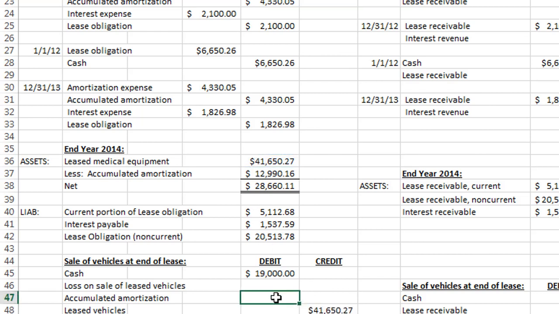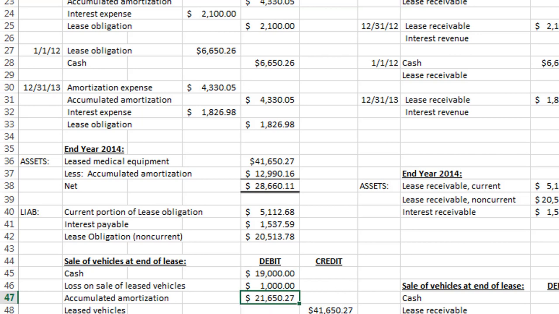And then what are they going to have for accumulated amortization at the end of all those years? They will have done that 5 times, so amortization expense times 5. All right, so now what did they have, a gain or loss? This probably tips you off because I've already got that written in. So what is the amount of the loss? It would be what makes this entry balance.